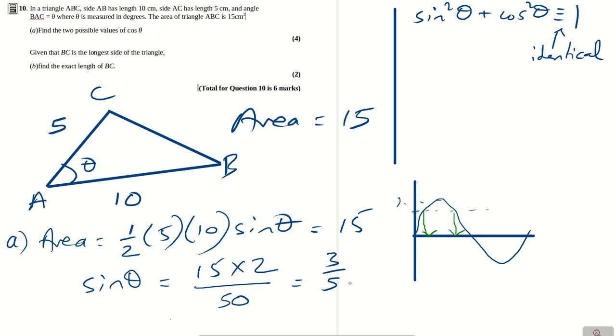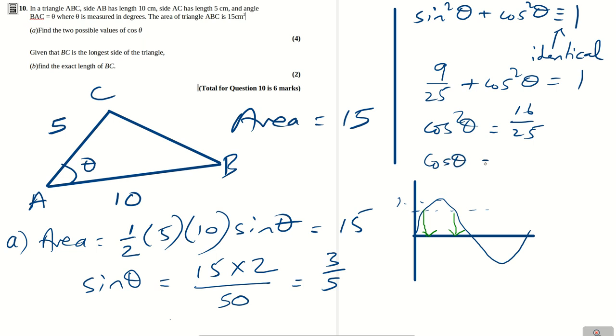But we know what sine theta is, so we know what sine squared theta is. Sine squared theta will be 9 over 25, plus cos squared theta is going to be equal to 1. So cos squared theta is going to be equal to 16 over 25.